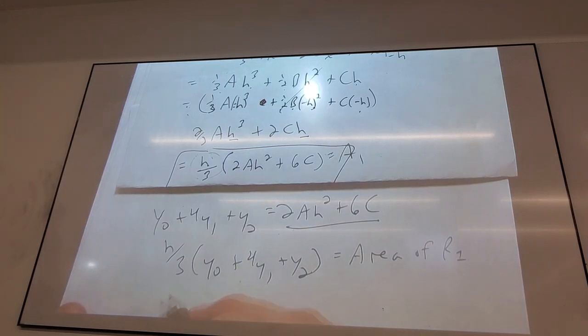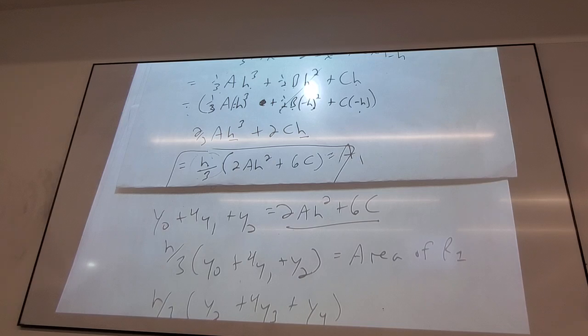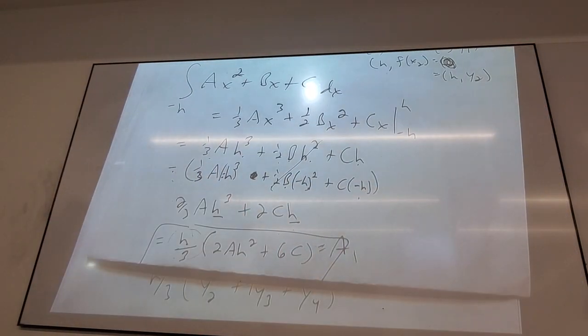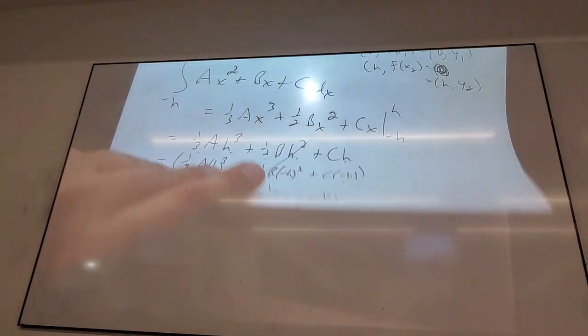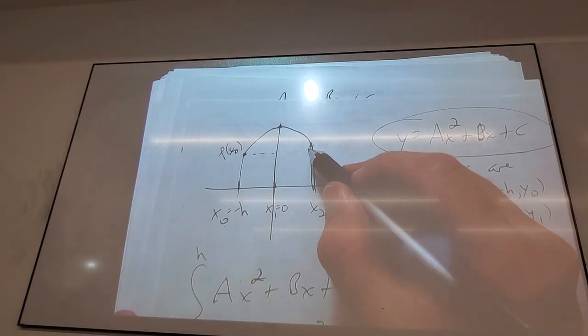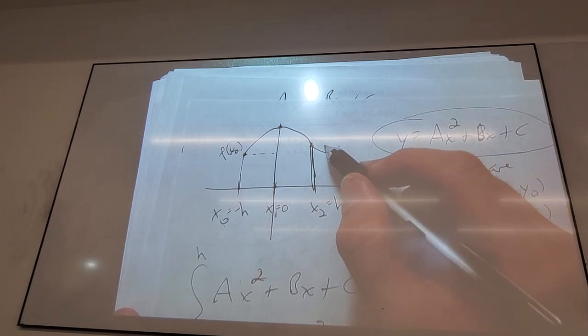And now, what would the second parabolic piece look like? Well, it would start at y2, and I would add 4y3, and then I would add y4. If I kept going for the rest of the shape, I would just go to the next piece, and it would start at x2.